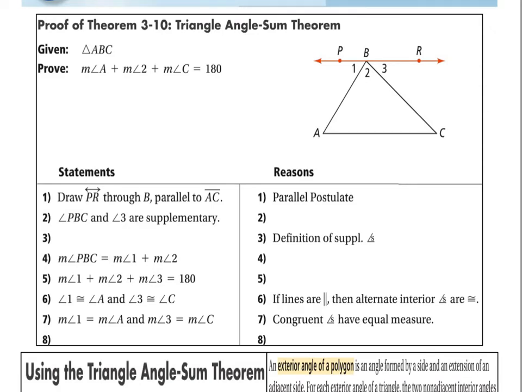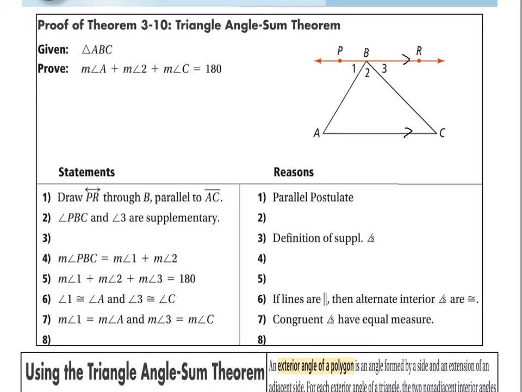Here's line AC, and here's point B. If I draw a line through that point, there's only one that becomes parallel to it. So this red line here is parallel to AC. You may want to put a mark on AC and on PR so you know that they're parallel, because that's going to come into play in just a little bit.